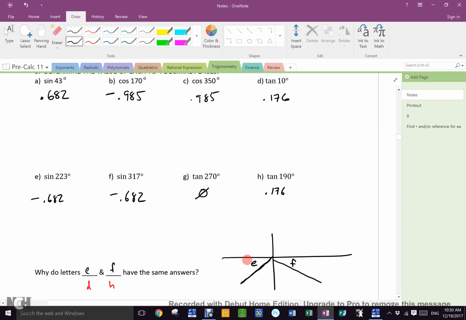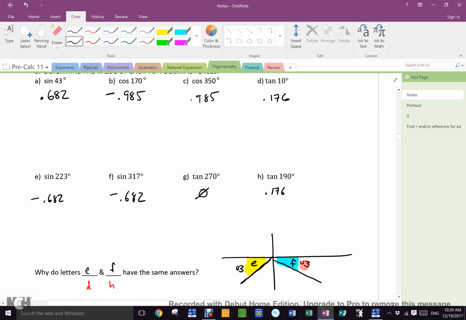What is this part of E? Just the reference angle. The whole thing is 223. What's the reference angle? 43. What about F? 43.